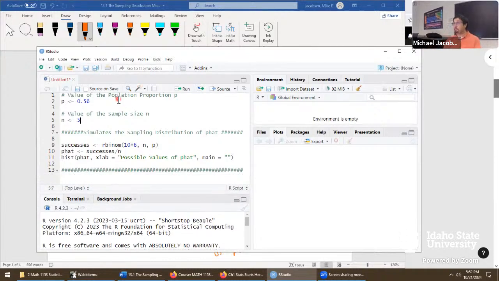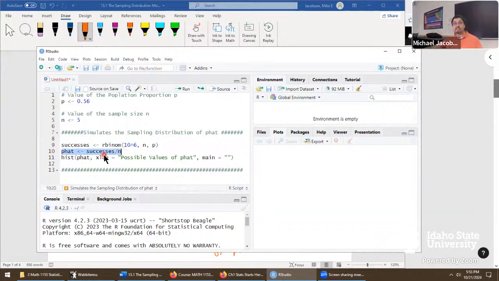And here's where the weird part of the simulation happens. Again, this is all for demonstration purposes. You don't ever have to use this calculator again. I felt like I should say what's going on before we use it, just for the sake of helping out. So what this does is it collects here the successes in a sample of size 5 into one spot. Then it calculates p hat.